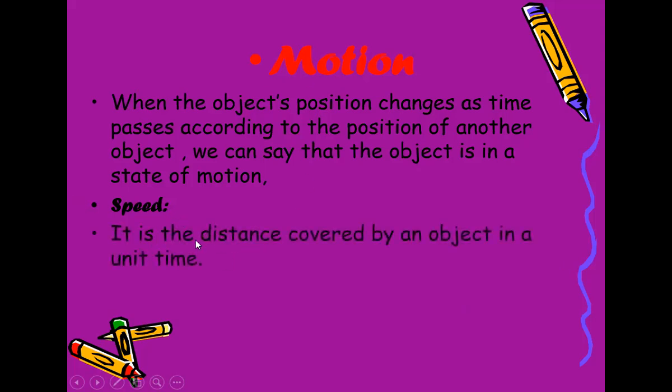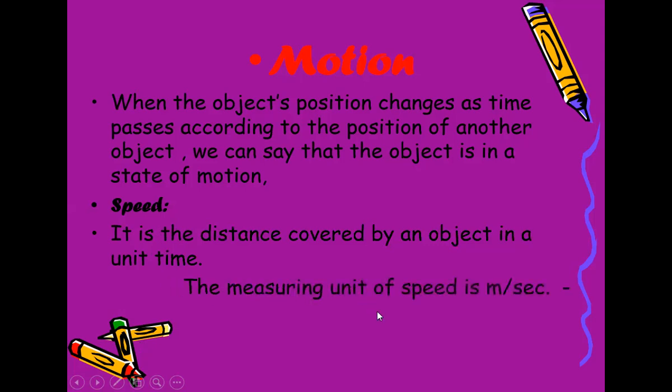So speed is the distance covered by an object in a unit time. When you move a certain distance in a certain time, we can calculate the speed of an object. Is it easy?